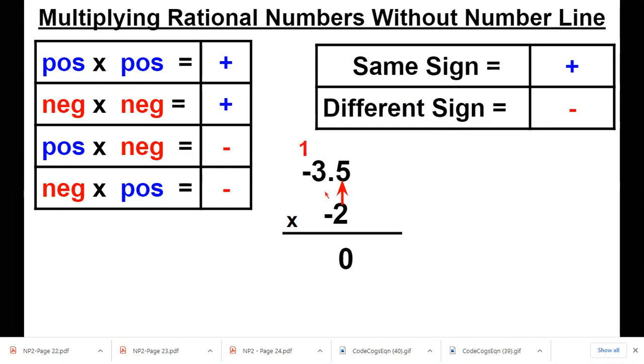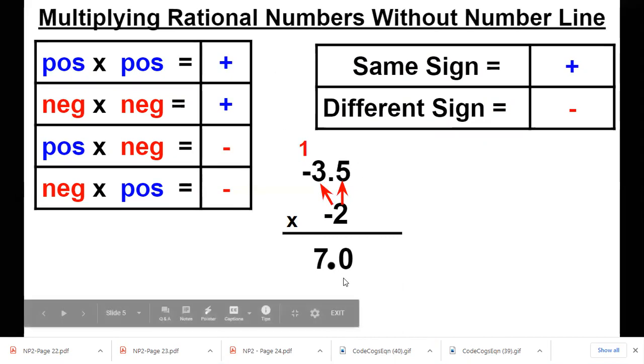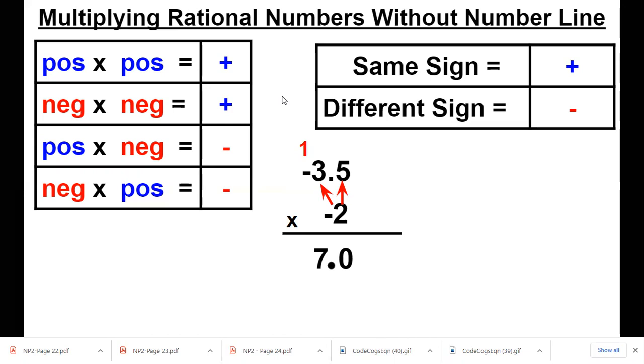Then we're going to multiply 2 times 3. That's 6. And then we're going to add the 1. That's 7. And then is our sign positive or negative? 2 negatives give us a positive, right? And we have to put our decimal in there. Don't forget, because we have one number after the decimal here, so we need to have one number after the decimal there. So 7.0 is the same as 7, which is what we got on our first number line.